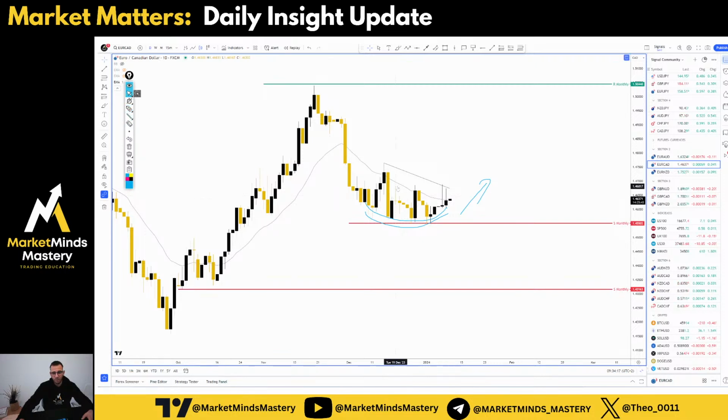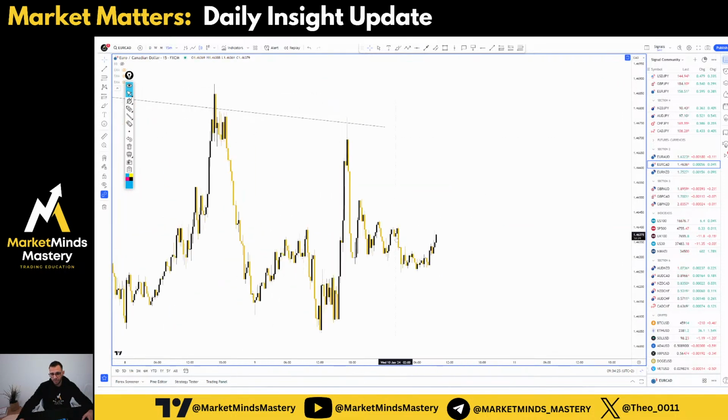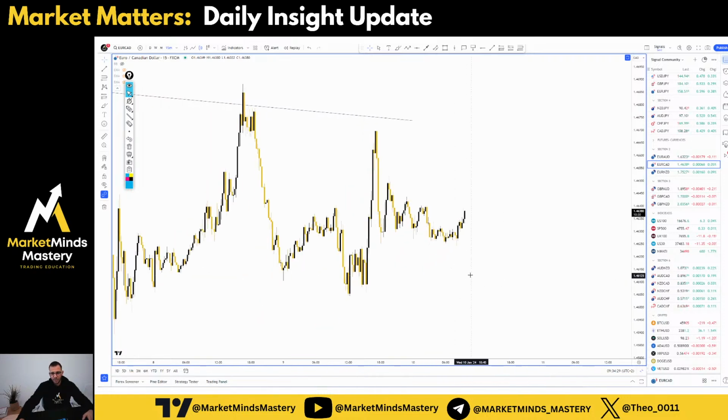To be honest, I'm still bearish on this one. I don't hold any positions yet, but I'm constantly looking on the 15-minute chart for some bearish price action patterns. And let me show you something that looks clear, to be honest. And it's this area here.